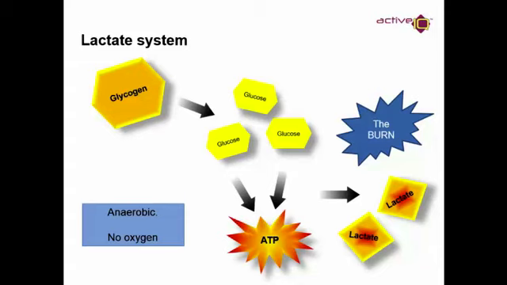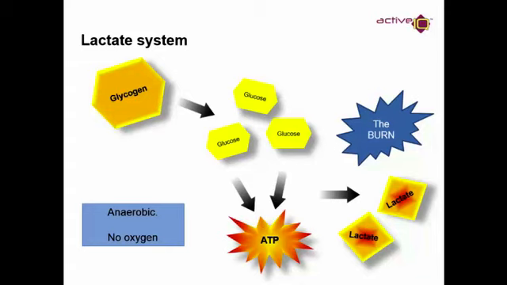Anyone who's ever done something like a 400-metre sprint, or drop sets in the gym, okay? That pain and that burn in your muscles, that's lactic acid, and it is an acid. It makes the muscle become acidic, and we have to get rid of that waste product from the body.